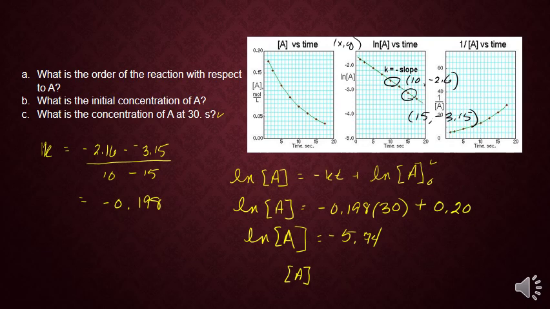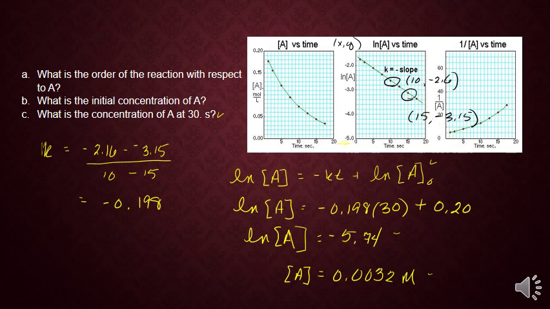Raising both of these to the e, A gives us a concentration of 0.0032 molarity, which makes sense. If you continue to draw this line down to 30 seconds, your concentration is seriously going to drop. You have a -5 here, and look at that. Yeah, it's going to keep dropping, so that number makes sense on the graph. That number makes sense in reality.